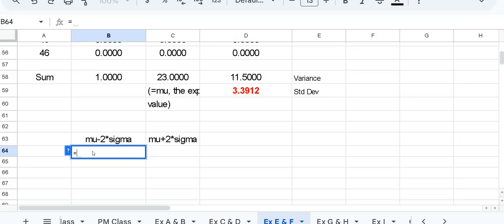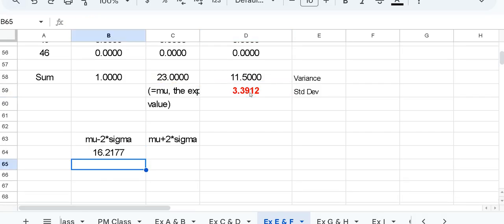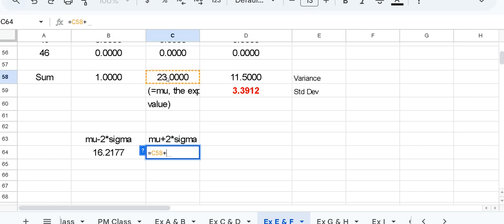All your commands start out with equals. Let's click this. That's our mean minus 2 times sigma, which is here. I'm not dragging this anywhere, which is why I allowed myself to do it this way. So we get 16.2. I'll do the same thing over here: equals the mean plus 2 times sigma.